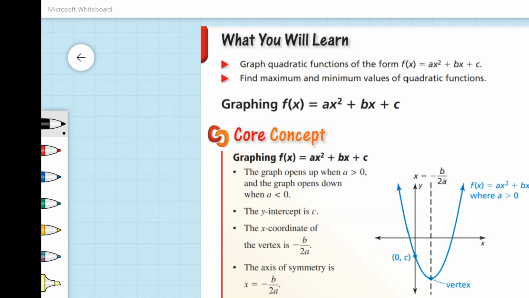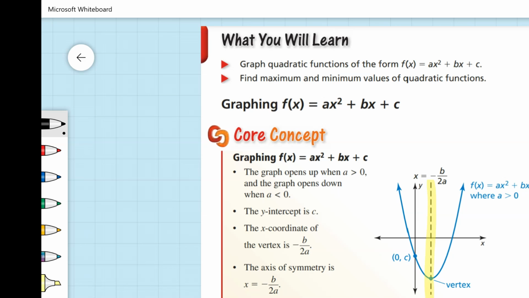So we have a function f of x equals 2x squared plus 8x minus 1, and we're going to go ahead and find our axis of symmetry. As a reminder, as we're looking at this graph up here, that would be our axis of symmetry, where our vertex will always be as well. So here we have b equals 8 and a equals 2.